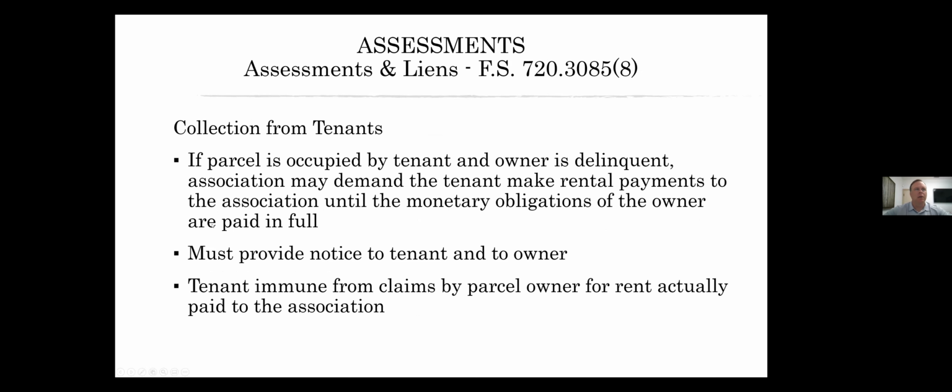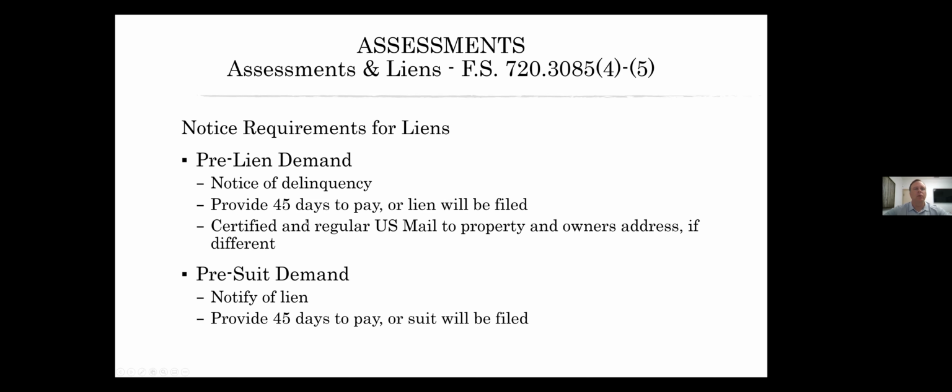The second demand that has to go out is, if after 45 days from the first letter they still haven't paid, you would record your lien, and then you have to send them a second notice called a pre-suit demand, telling them that you recorded a lien and that they now have 45 more days to pay, or a lawsuit will be filed against them for foreclosure.